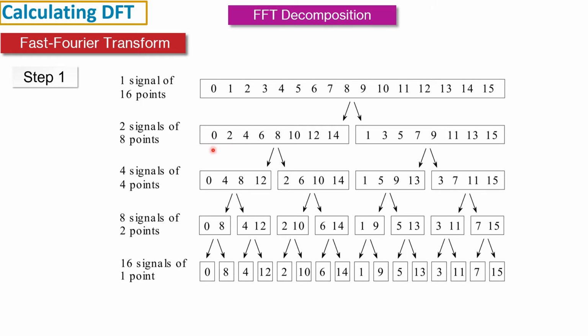Okay, so the sample numbers must be 0, 1, 2, 3, 4, 5, 6 and 7. Now the sample numbers are changed. Now these are the even ones which will go here. You can see this.